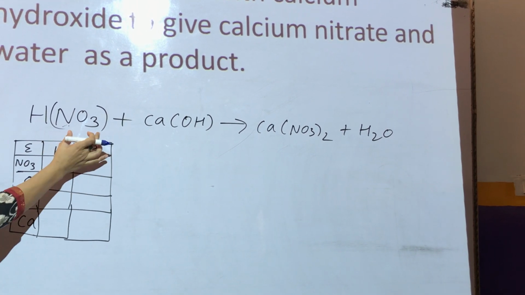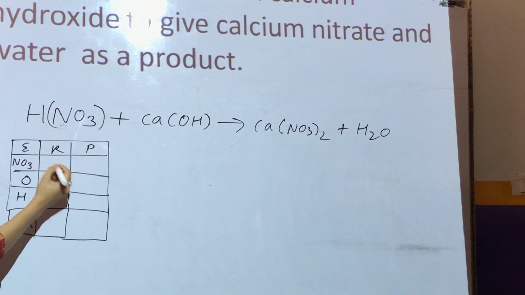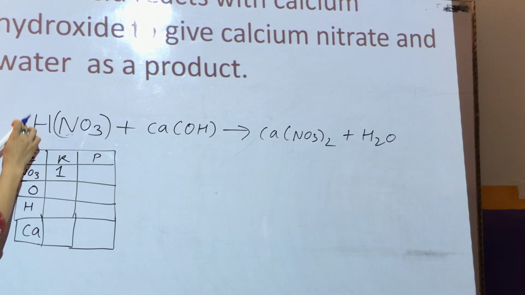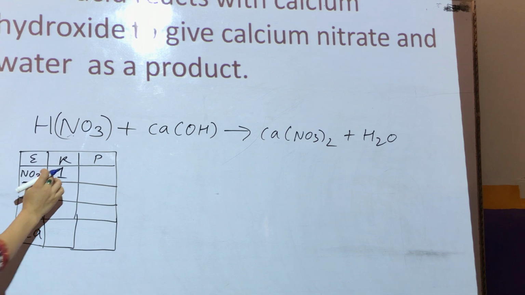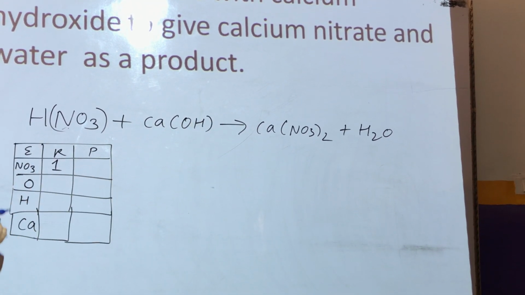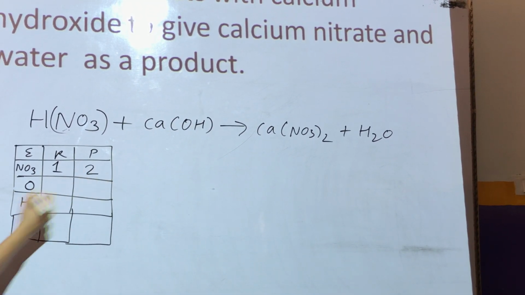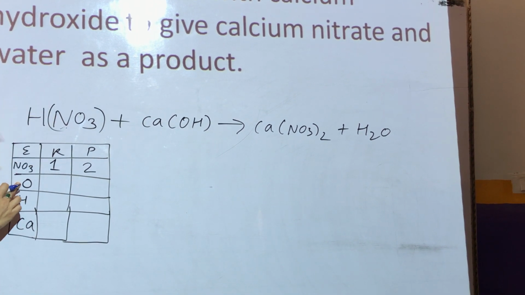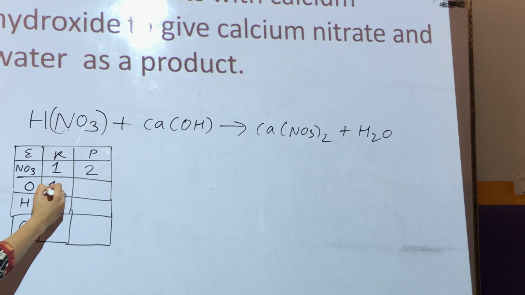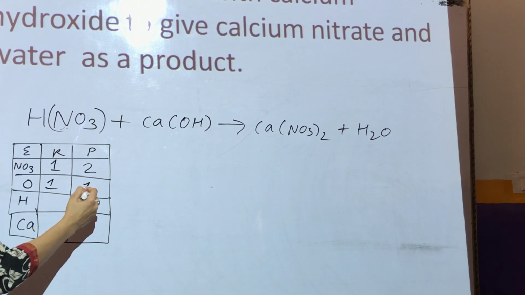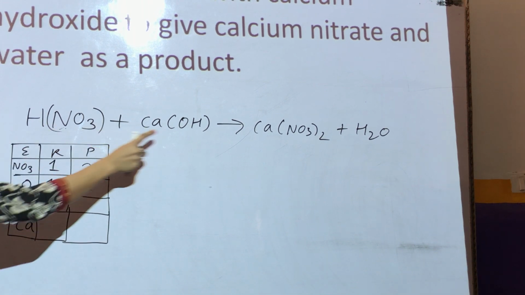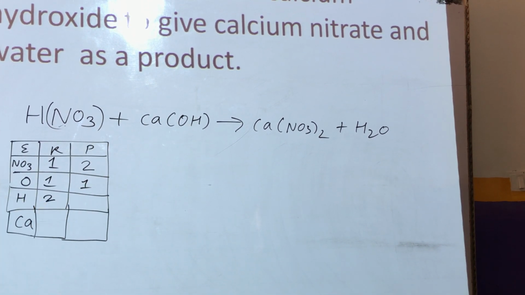How many atoms of nitrate are there here? 1, because there is nothing in the subscript and no number in the coefficient. Here in the product side, nitrate is 2. For oxygen, we will not consider this for now. Nitrate here is 1, and in the product side 1. Let's talk about hydrogen. 1 is here, 1 is here. Total 2.